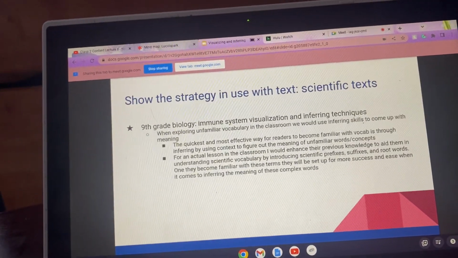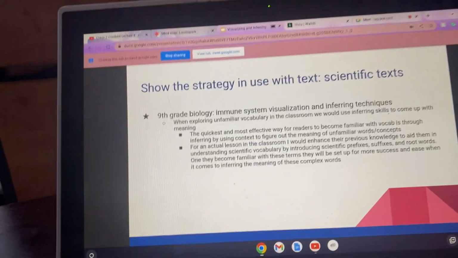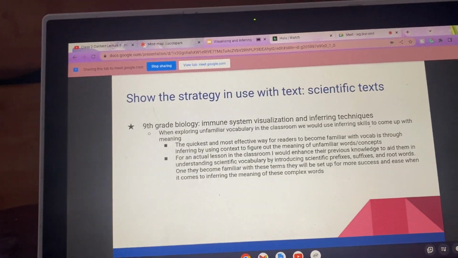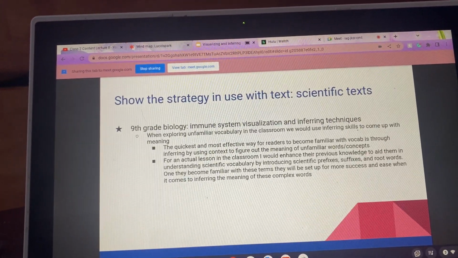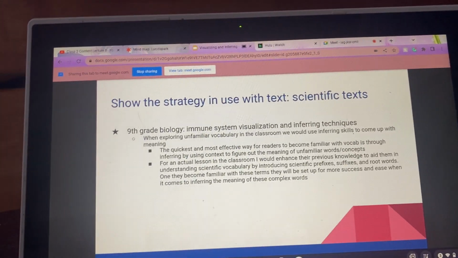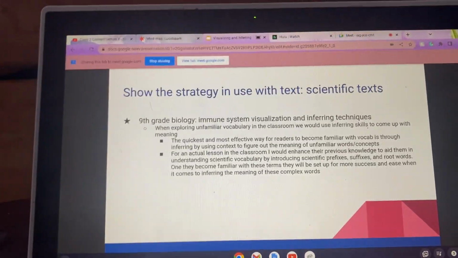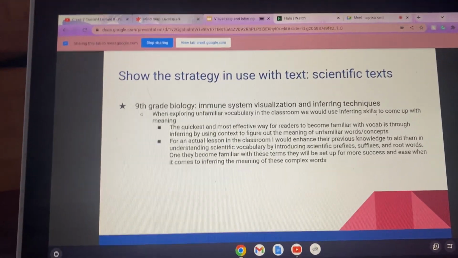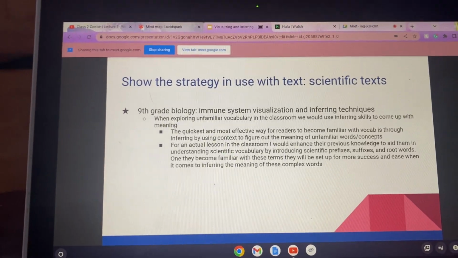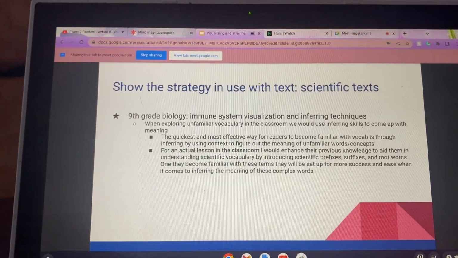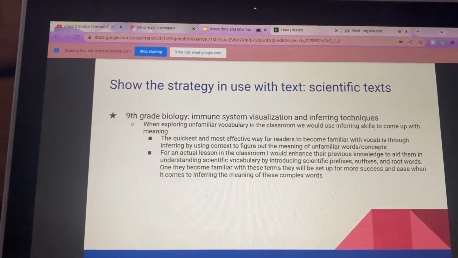An actual activity for the immune system is exploring unfamiliar vocabulary words in the classroom. We would do this through inferring, because the quickest and most effective way for readers to become familiar with vocab is through inferring, by using context to figure out the meaning of unfamiliar words or concepts.